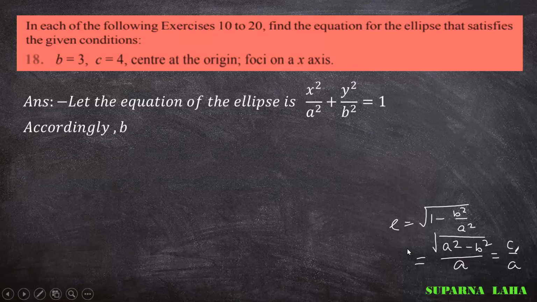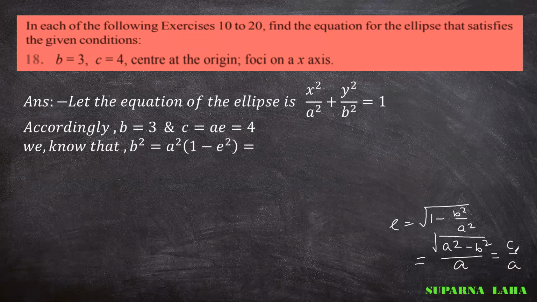So c is equals to AE is equals to 4, or you can write under root A square minus B square is equals to C. So from here you can find the value of A.